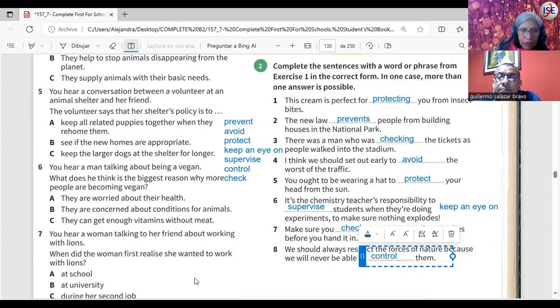Let me see if I can find other exercises with this kind of words. Give me a second. Let me check in the workbook if there are other exercises with those. Okay, this is unit 12.